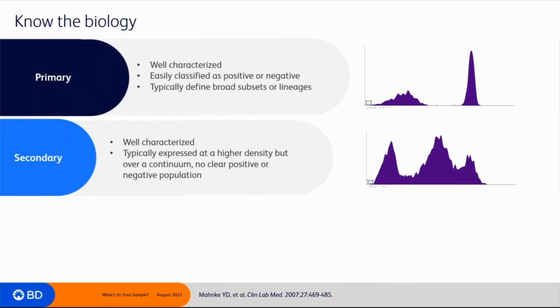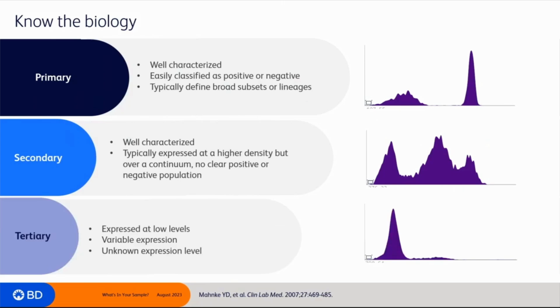An example of this would be CD38, where it is negative to dimly expressed in mature B cells, but relatively bright for hematogones and very bright for plasma cells. Tertiary antigens are typically expressed at low levels, where their expression level may change in normal or disease state, or they are unknown markers that you are not sure how the cell might express.